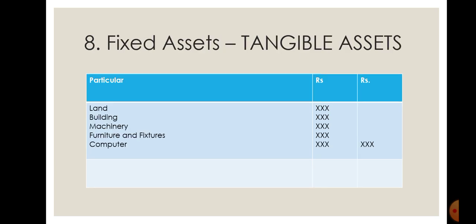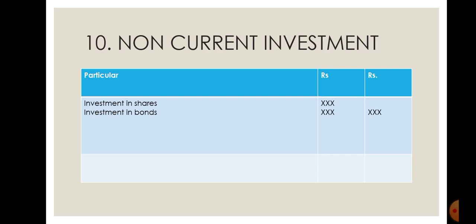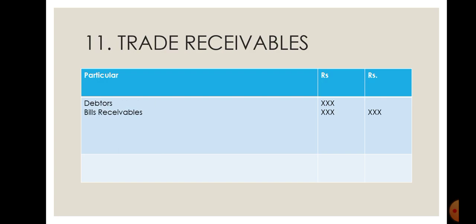Next, under short-term provisions, provision for tax, proposed equity dividend and proposed preference dividend are given. Under tangible assets of fixed assets, land, building, machinery, furniture and fixtures and computers are given. Under intangible assets, copyright, patent and other IPR, intellectual property rights, are given. Under non-current investments, investment in shares and investment in bonds are given.